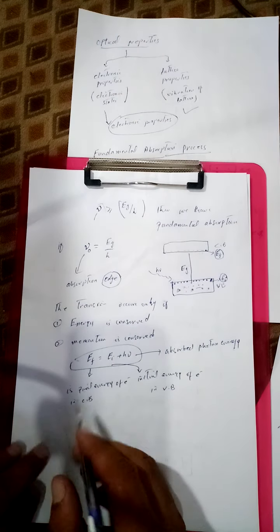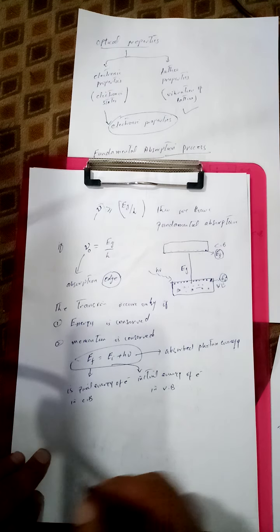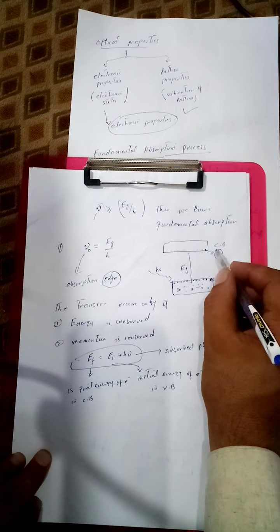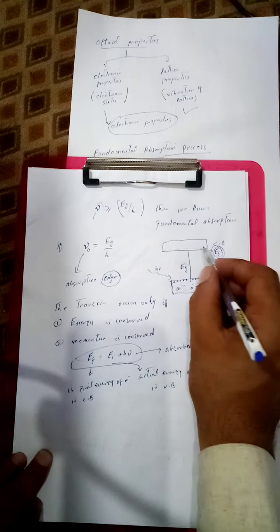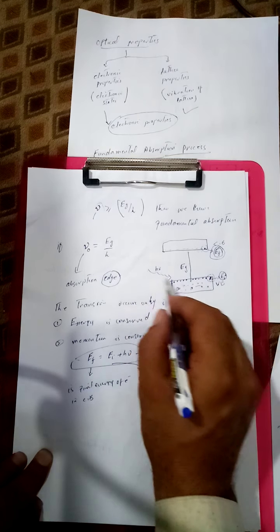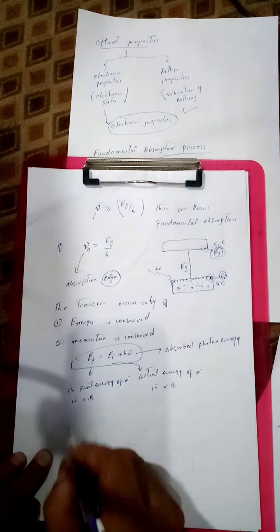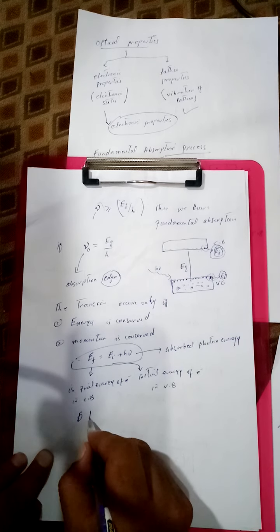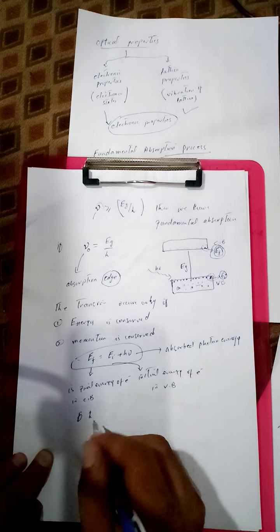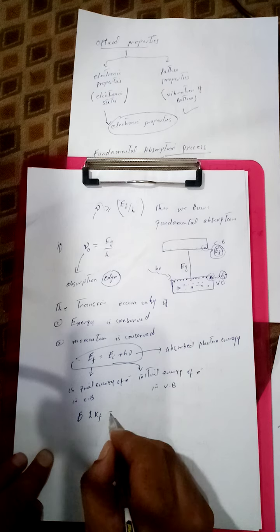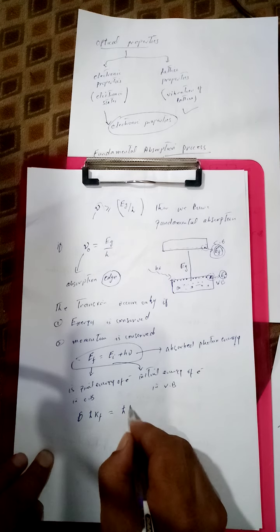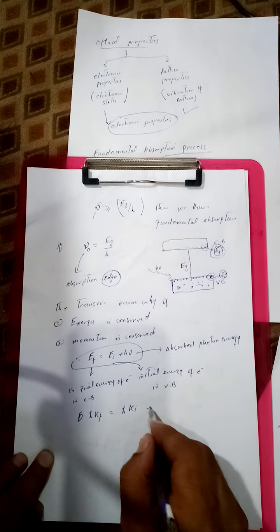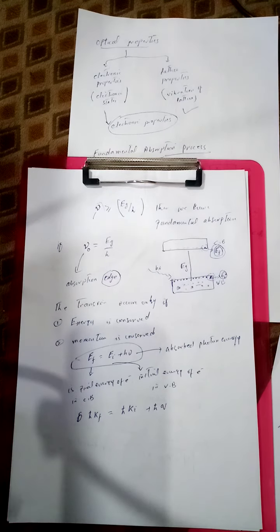And the other condition is that momentum is conserved. What it means is that this electron has a momentum, this electron has a momentum, and the absorbed photon also has a momentum. So we can say that h bar kf is equal to h bar ki plus h bar q.